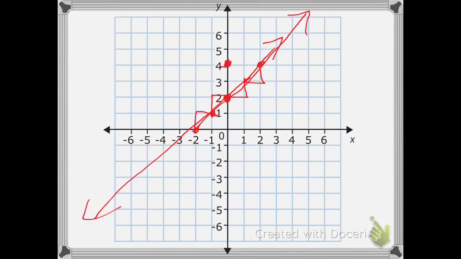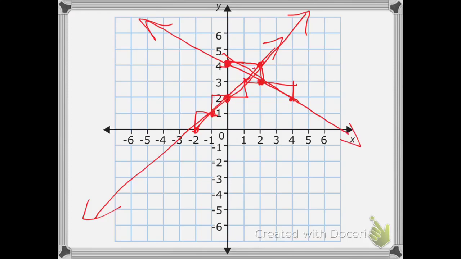So from my point here, I'm going to go right 2, down 1. Bam, there's another point. So our little graph here goes like so, waka-bam. And then this way, kablooey. It's going to have sound effects.